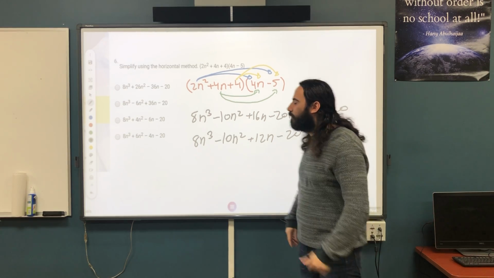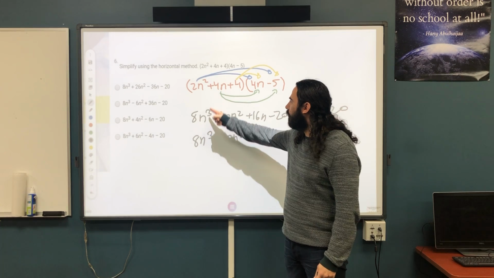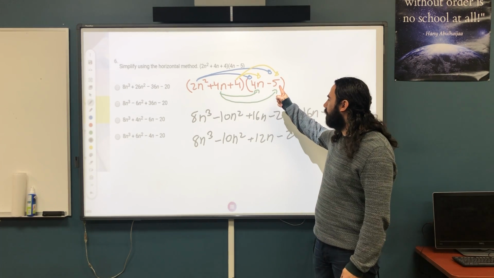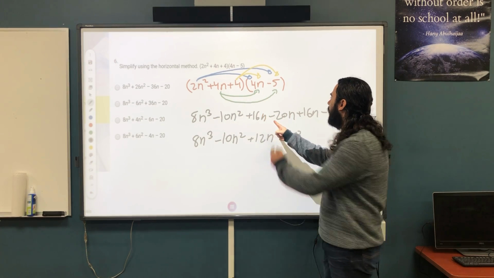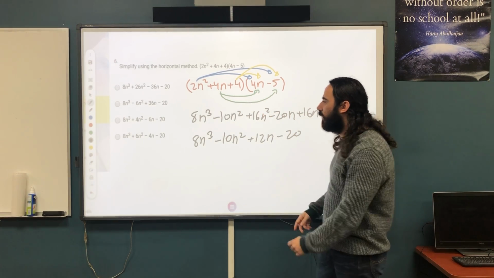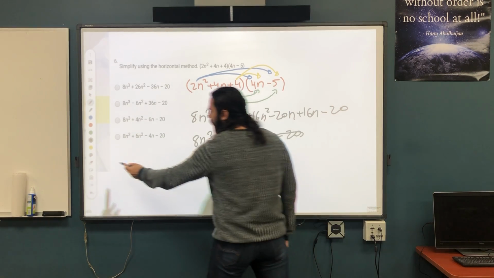I guess I got confused when I left the class. So let's see. 2n squared times 4n is 8n cubed. 2n squared times negative 5 is negative 10n squared. 4n times 4n is 16n squared. That's why. 16n squared. So we just erase this one.